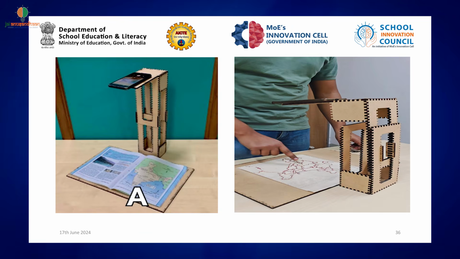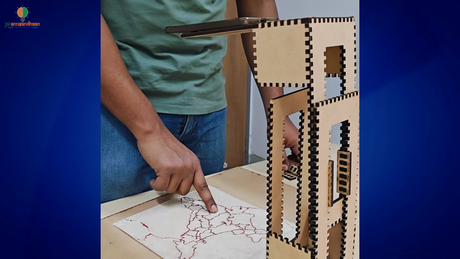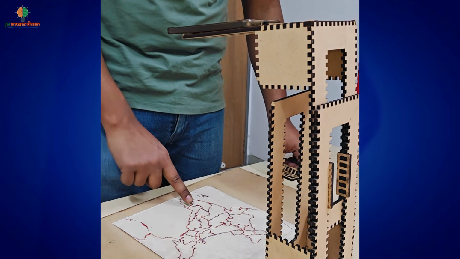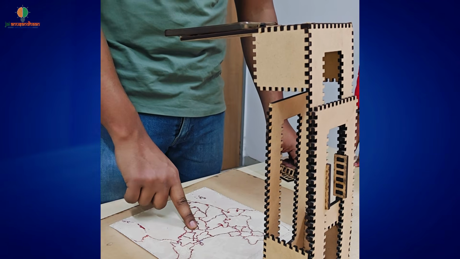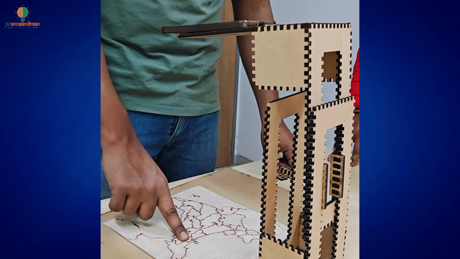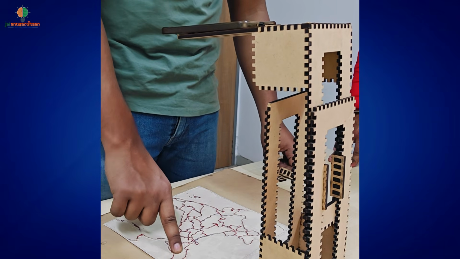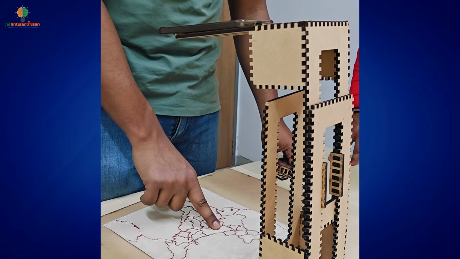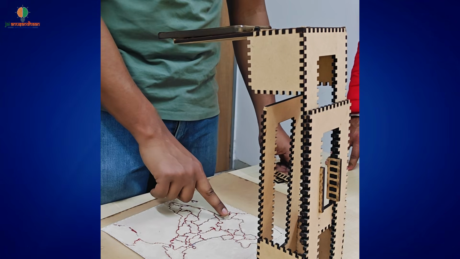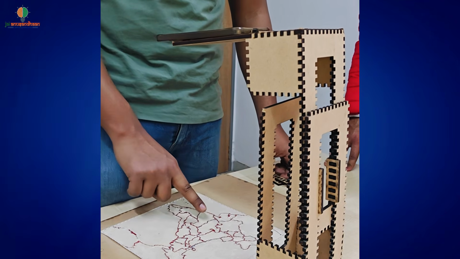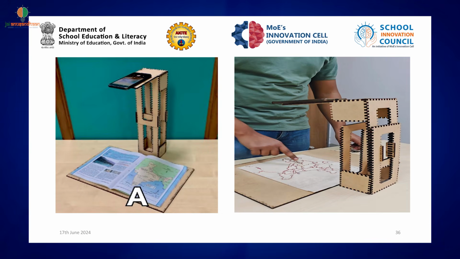Here the participant moves their finger, and the smartphone, using its camera, reads where the finger is and then gives audio feedback telling the name of the state, the name of the crops grown in that state, etc. The stand and all has been made using laser cutting with wooden ply material.